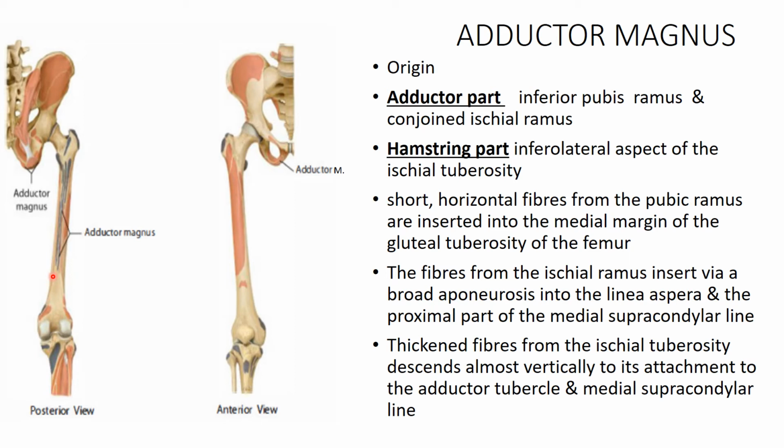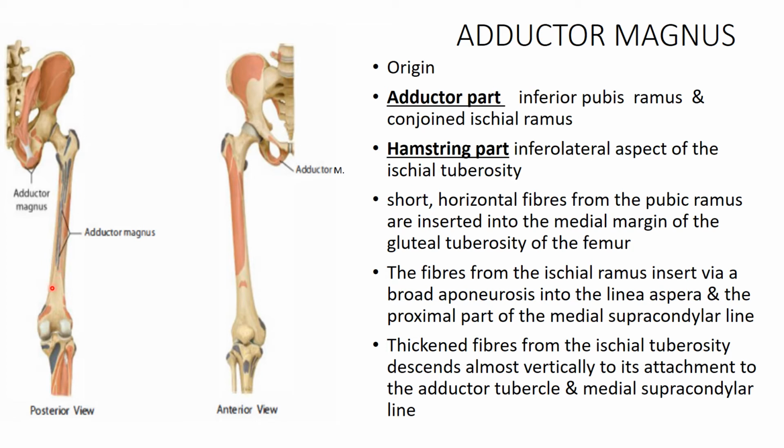Now the adductor fibers insert in sequence from this supracondylar line above. The hamstring part is attached to the adductor tubercle and the related part of the medial supracondylar line, but the adductor part is inserted in a series-like fashion from the medial supracondylar line towards the medial aspect, towards the gluteal tuberosity.